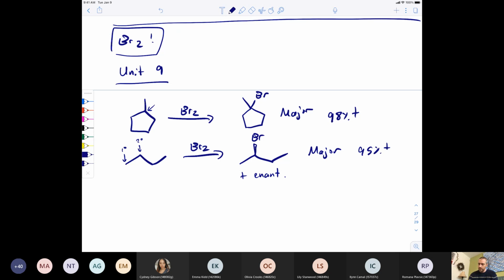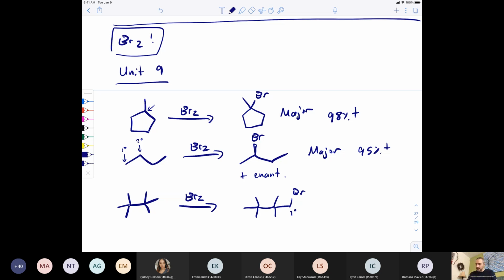But if you have a molecule like this, okay, all of the CHs in this example are on methyls. This will be very slow. It will make a primary alkyl halide. It'll just be really slow.